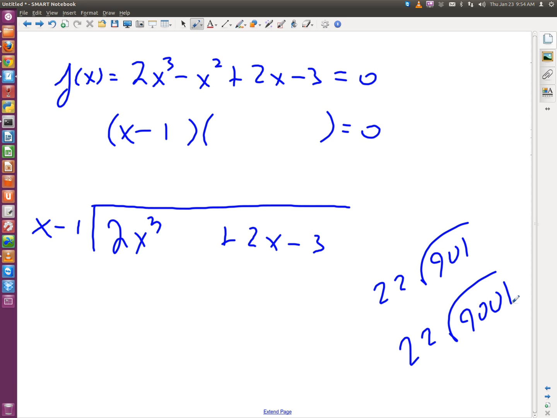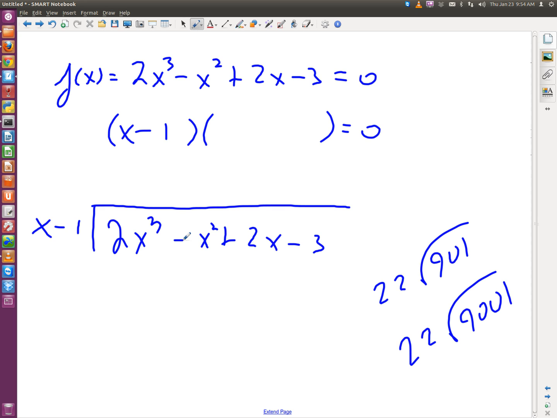No. The placeholders matter. So you would have to have a 0x squared here, or your division algorithm would fail. The long division algorithm that we know doesn't work unless you have every single term, right? All right, now we're okay here, though, because we had the -1 there? Yeah, so I'll just put that back there.